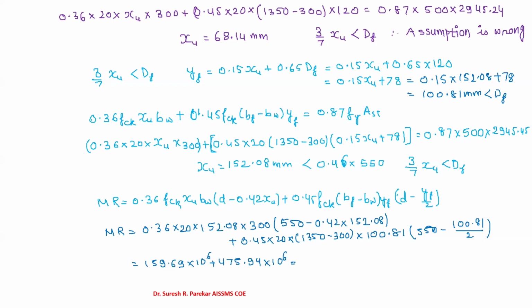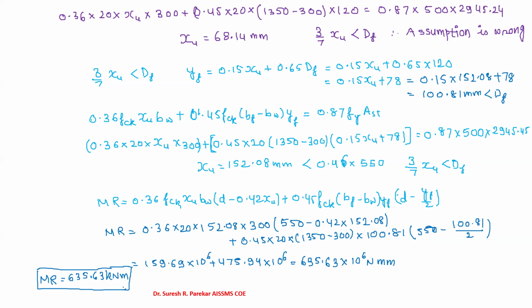Adding these, we have 635.63 into 10 raised to 6 Newton millimeter. And from this we get the value of MR, which is equal to 635.63 kilonewton meter. So this is the value of the moment of resistance.